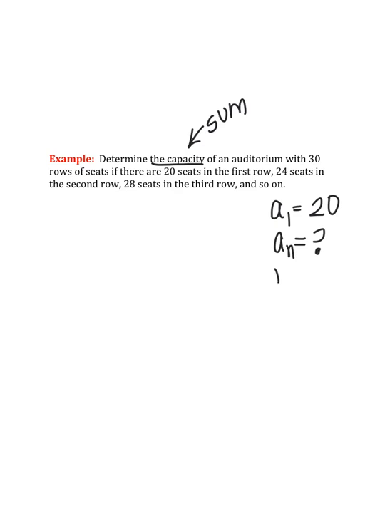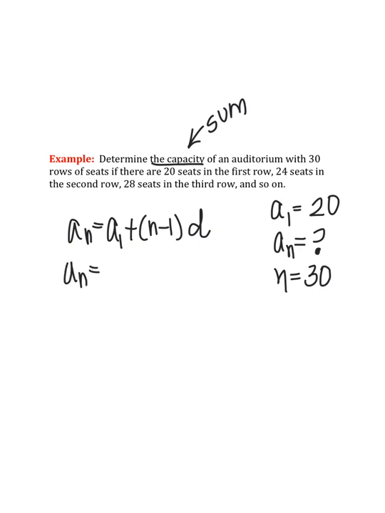And then I do know that the number of rows that I'm looking at here is 30. So I'm going to be summing 30 bits of data. So I need to solve for the number of seats in that last row. So again, I'm going back to my explicit formula. I need to figure out what a sub n is.